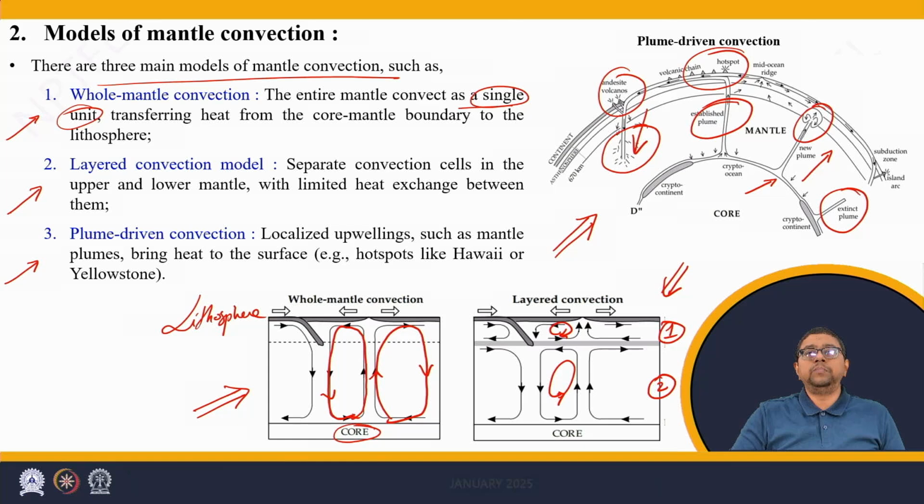An evolved plume gives rise to hotspots or volcanic islands. There are many occurrences of volcanic islands that can be observed on the Earth's surface, for example, the Hawaiian Islands. These islands are evidence that such type of plume-driven convection occurs in the mantle.